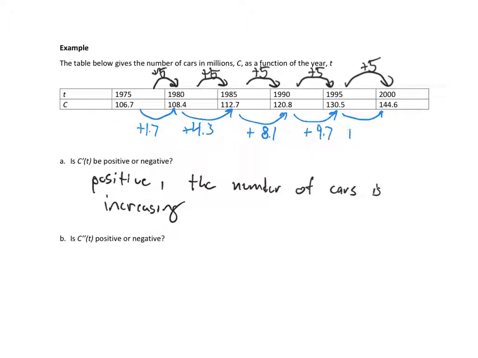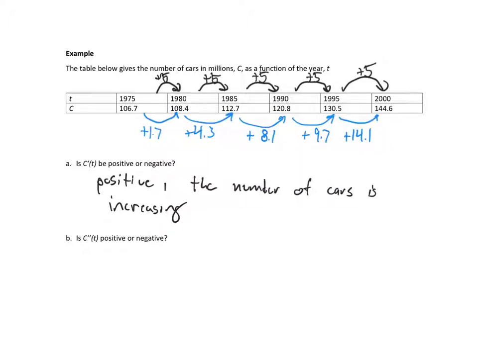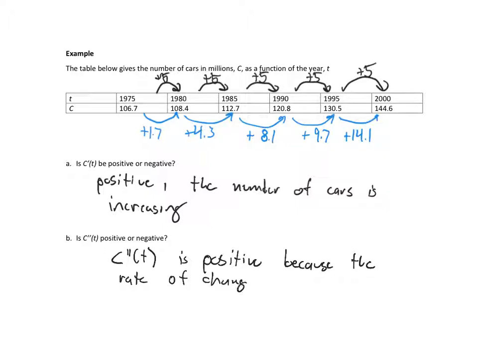And here we would add 14.1. So what you notice is the speed at which this function is increasing is itself increasing. And so therefore we would say f double prime of t is positive because the rate of change is increasing.